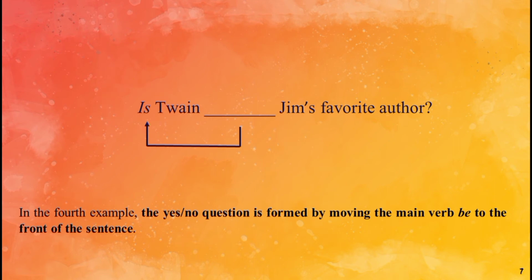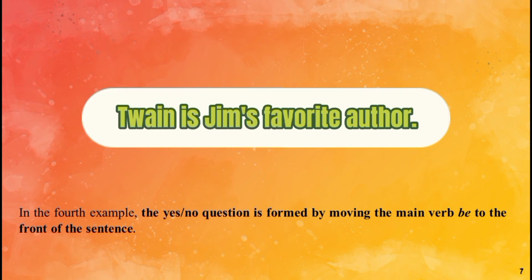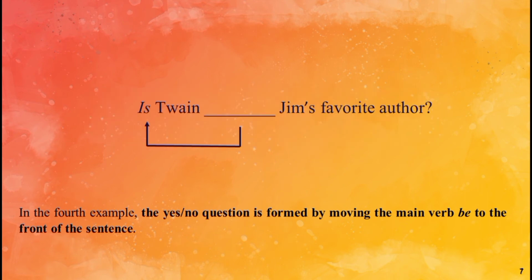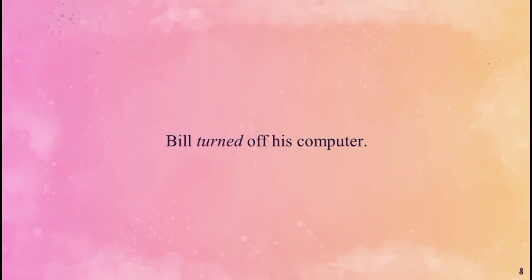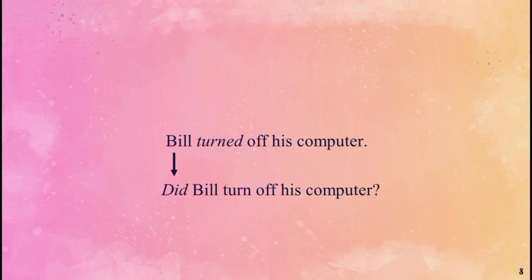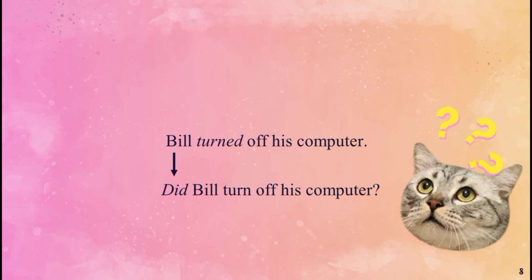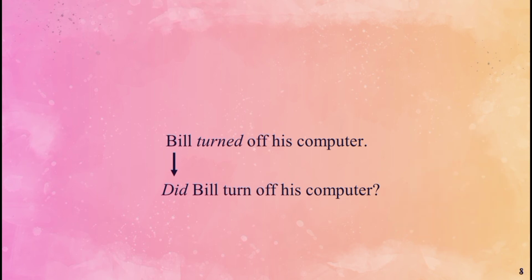So originally, the sentence is, Twain is Jim's favorite author, but by moving the main verb be to the front of the sentence, it became, is Twain Jim's favorite author? In this example, from Bill turned off his computer to did Bill turn off his computer? What can you observe? What is the process?